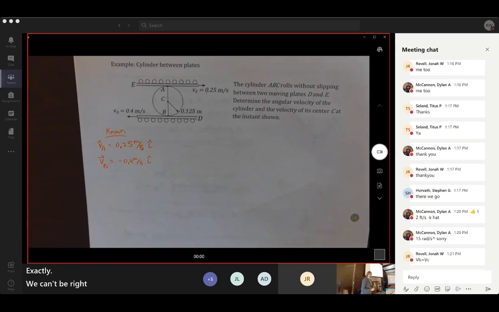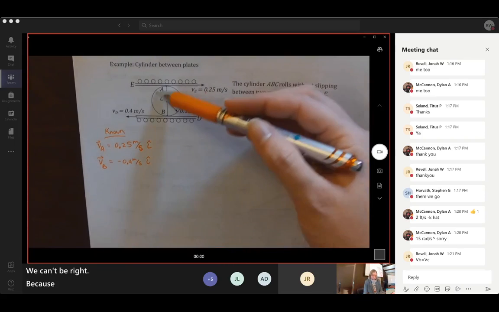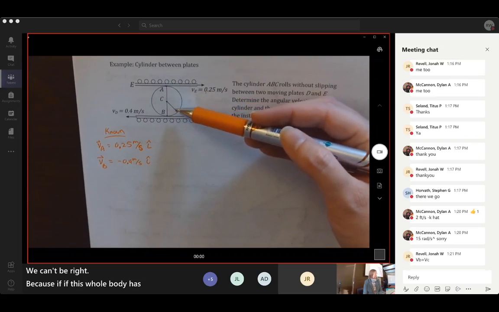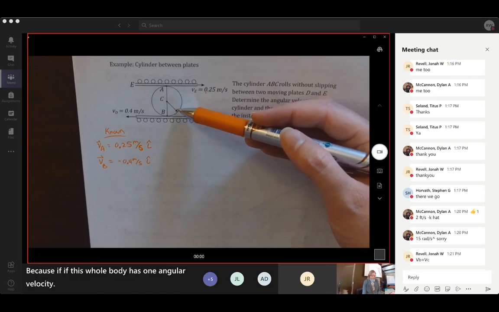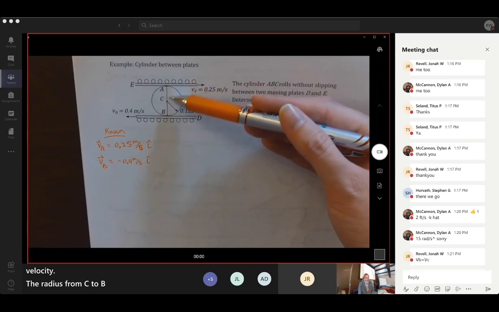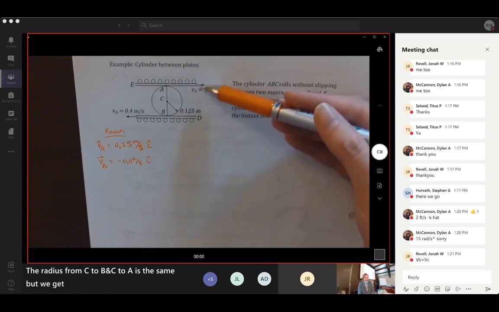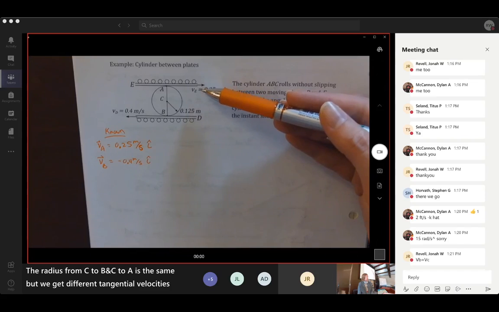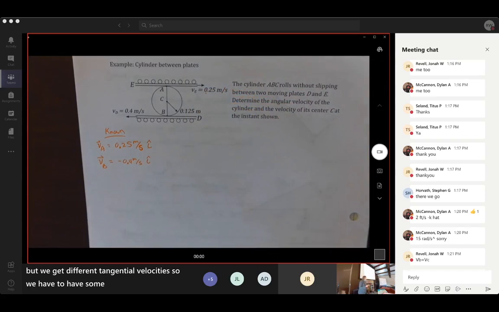No. Because if this whole body has one angular velocity, the radius from C to B and C to A is the same, but we get different tangential velocities. So we have to have some other point that we're rotating about.